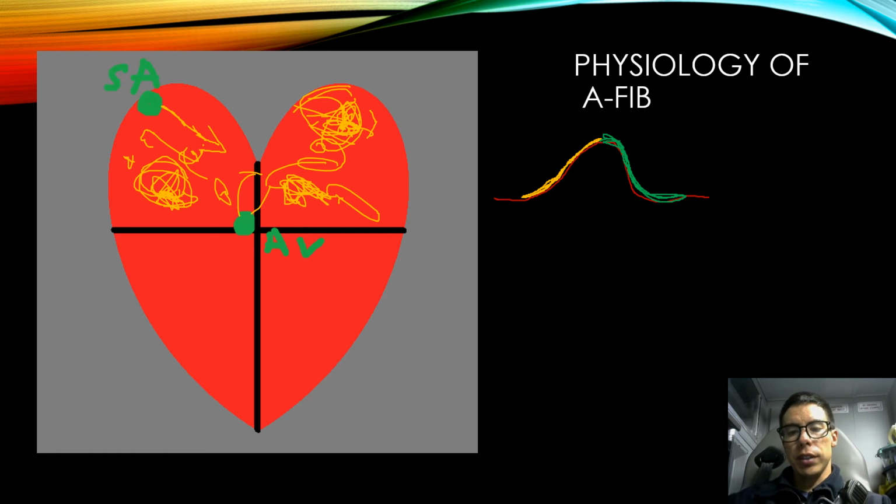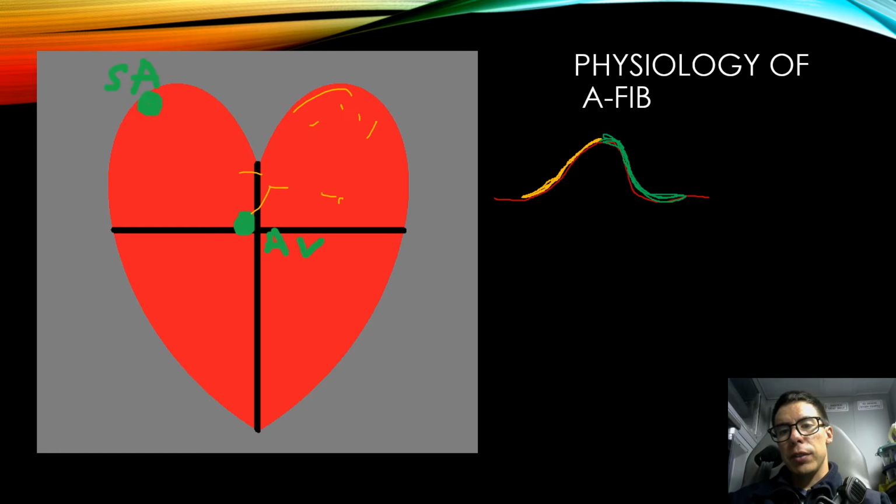And the end result is it causes the atria to quiver, so the atria will just be doing this instead of actually beating in a manner that circulates blood well, which, if you remember in the first video, we talked about how the atria are just collecting areas and gravity takes care of most of the work for getting the blood down into the ventricles.